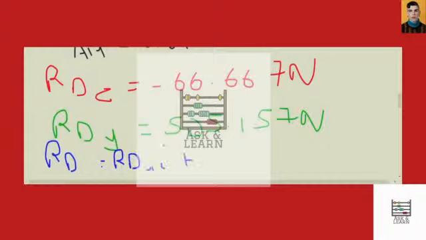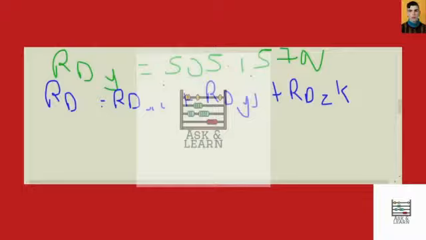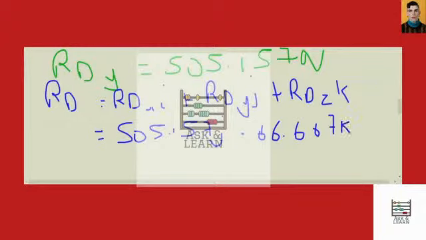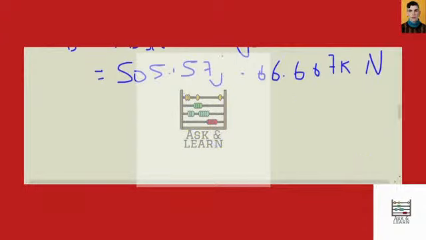So the force acting on the pivot point will be, let's say, Fp, which is equal to the weight of the rotor. So by putting the values, we will get RD as 505.157 J minus 0.165 kgs times 9.8 meter per second squared, which gives us 1.62 Newton. But also we know the sum of forces in the x direction will be 0.